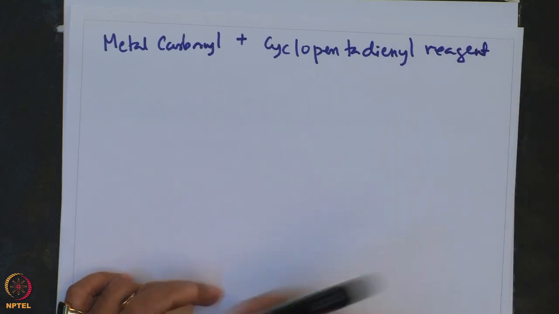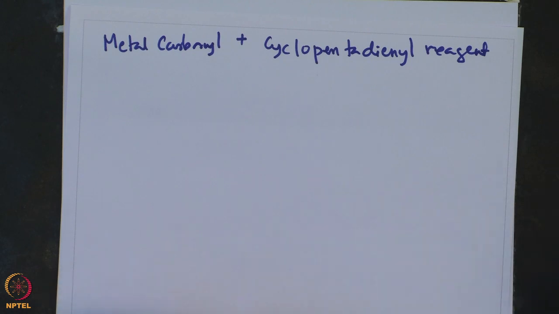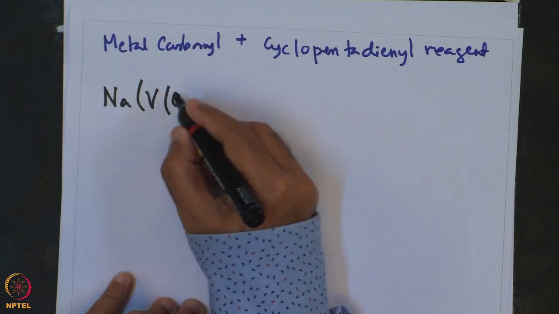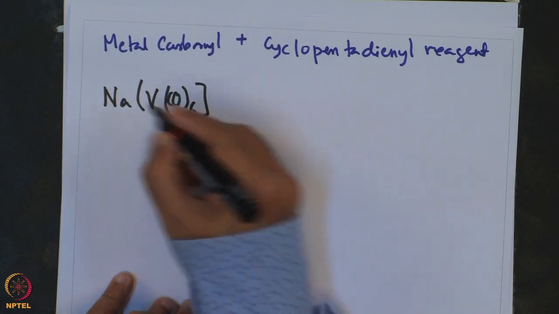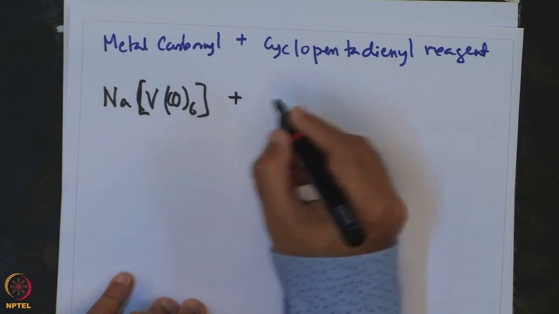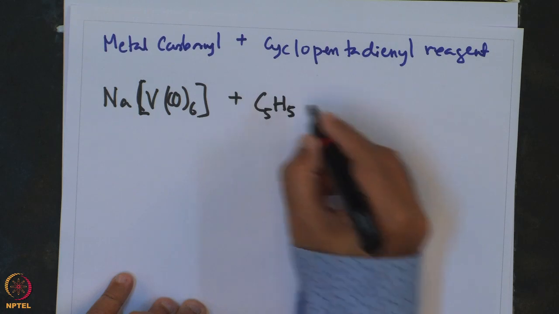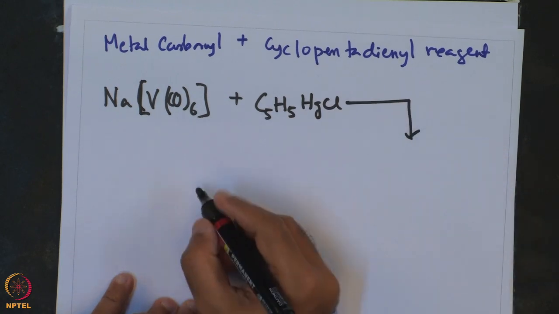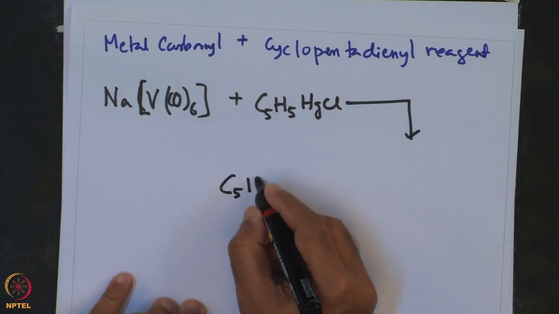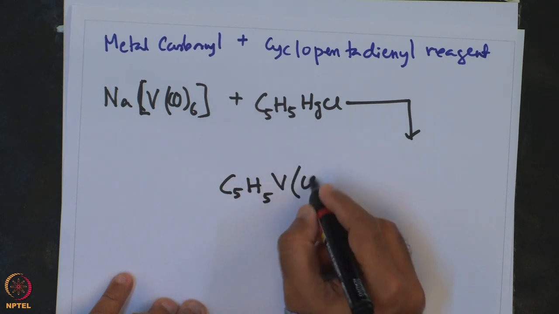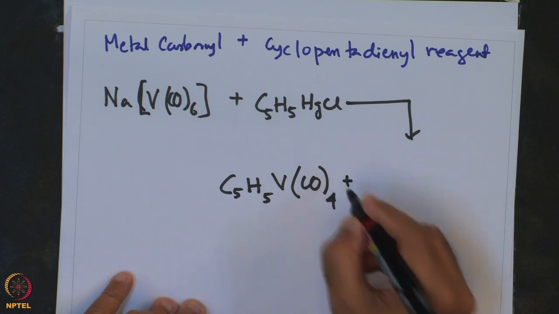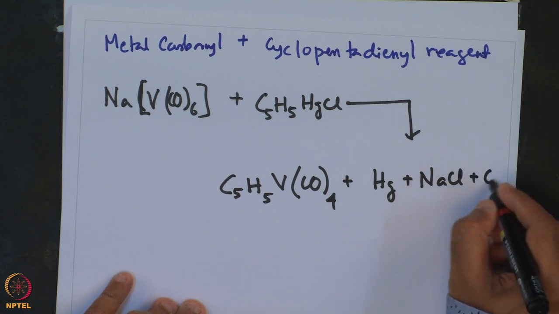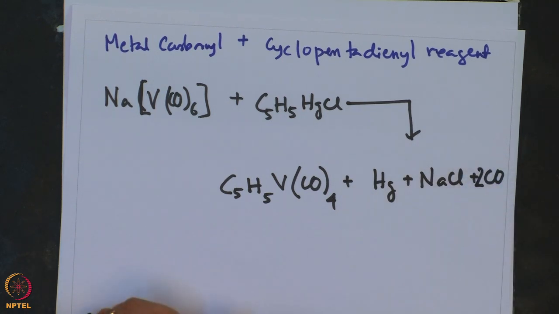For example, reaction of NaV(CO)6 plus C5H5HgCl, giving rise to C5H5V(CO)4 plus Hg plus NaCl plus 2CO.